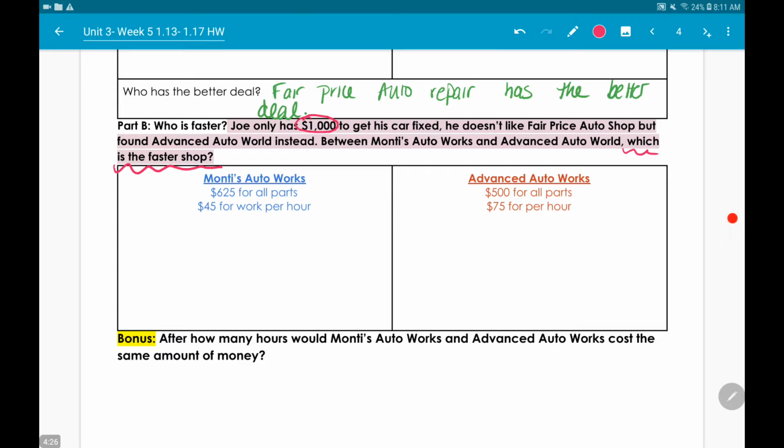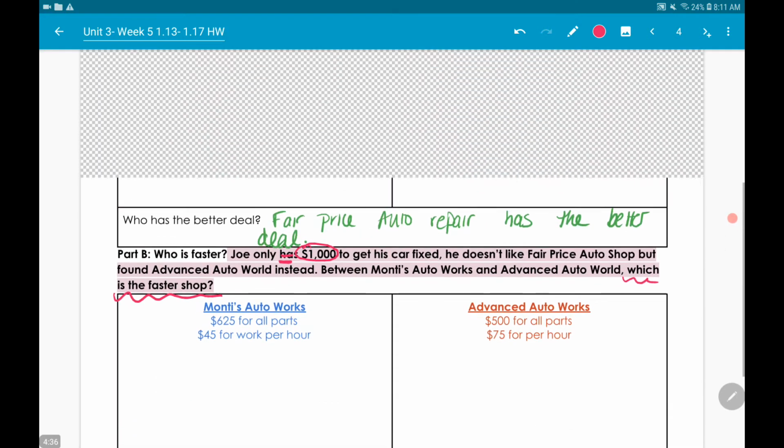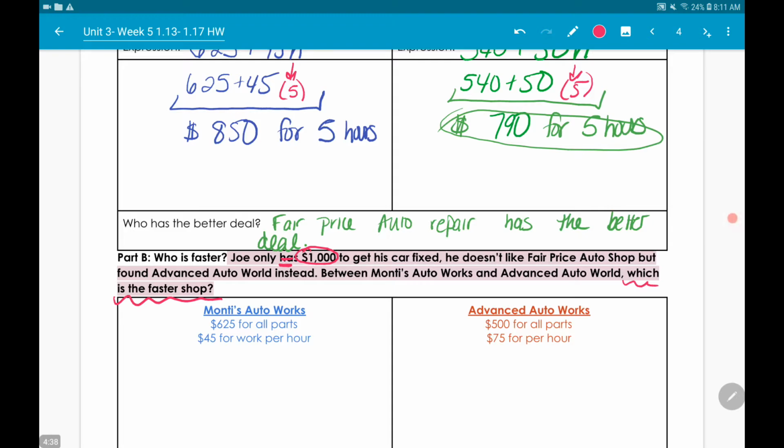So in this case, $1,000 is our equals. So we're going to take our same equations from above and now just make it equal to 1,000. So for Monty's Auto Works, we had $6.25 plus 45H, because now we want to know how many hours, is equal to the $1,000 that he has to spend.